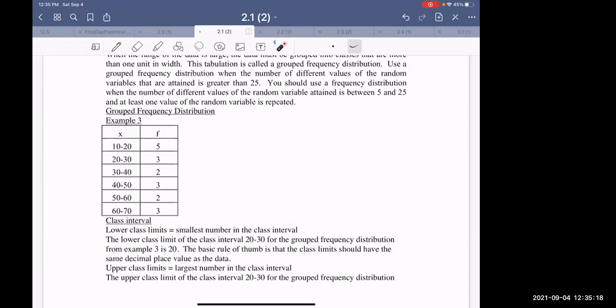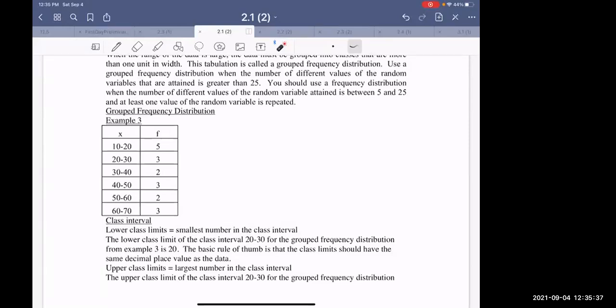Next, I should tell you this. The class limits should have the same decimal place as the data. So if your data are whole numbers, then your class limits are whole numbers.